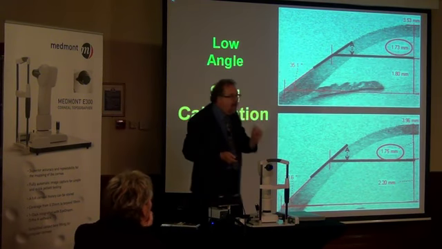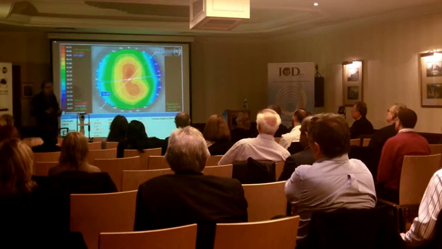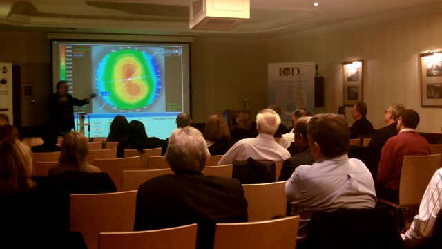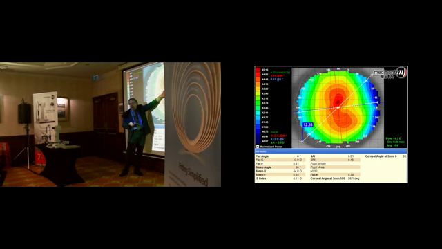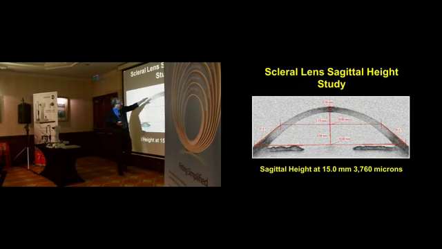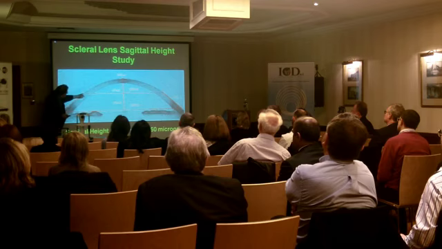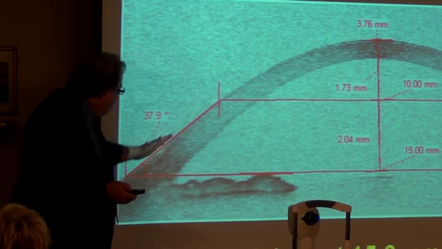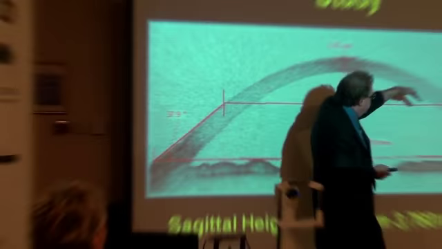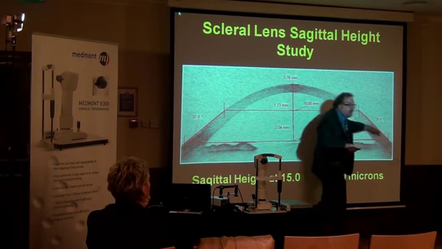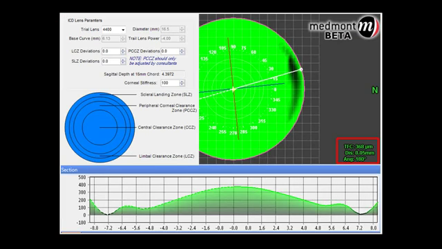Now, that's not important. What is important is that information is captured with the corneal topographer. The corneal topographer provides us with the height of the eye, and knowing that here, when we have that angle, it forms one continuous slope or tangent out to the periphery, it allows us to extrapolate the sagittal height.